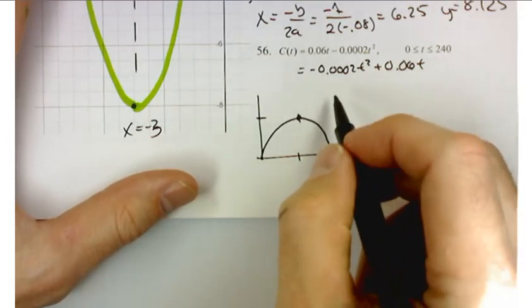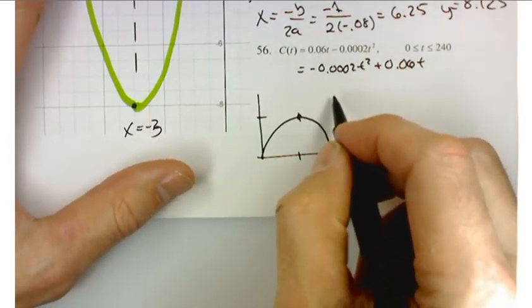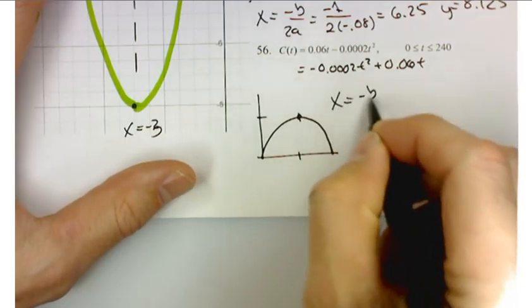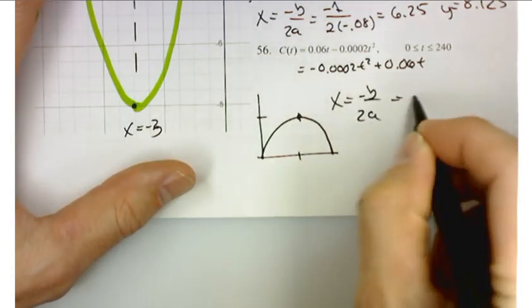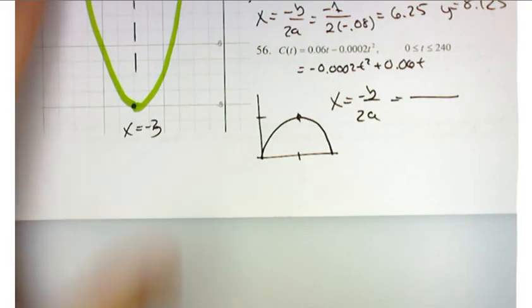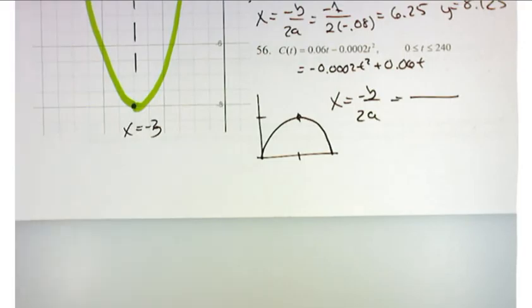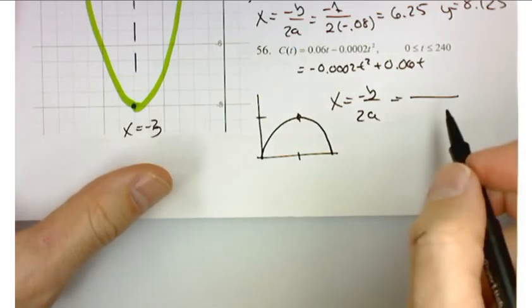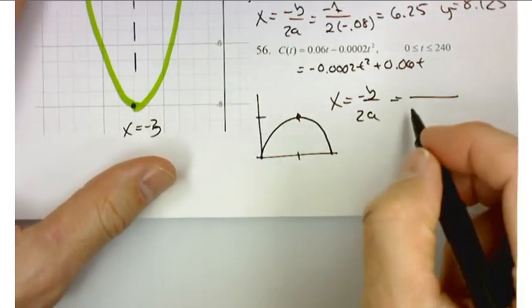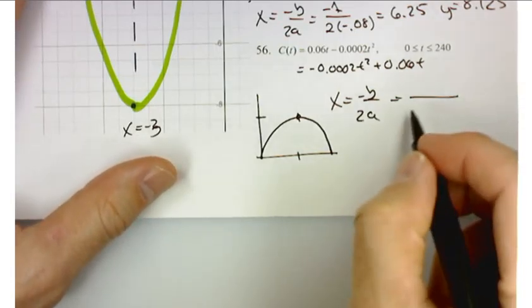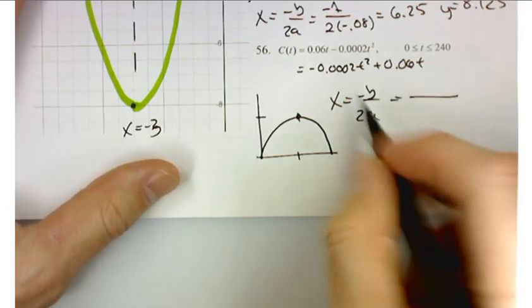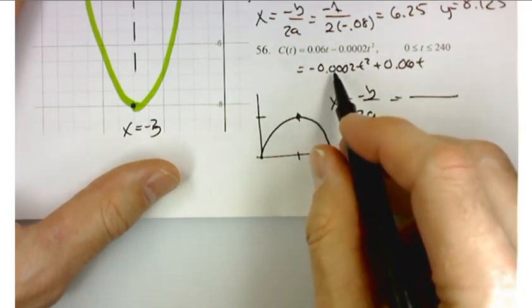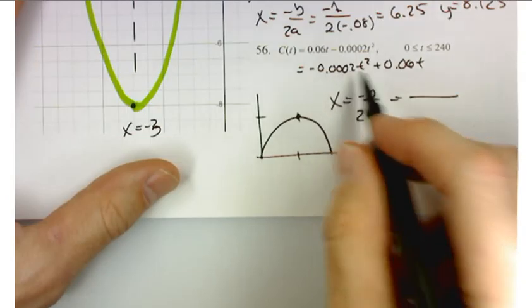So let's find the x-coordinate. x equals negative b over 2a. What values can I substitute in for a and b? Good. So for a, that's going to be negative 0.0002.